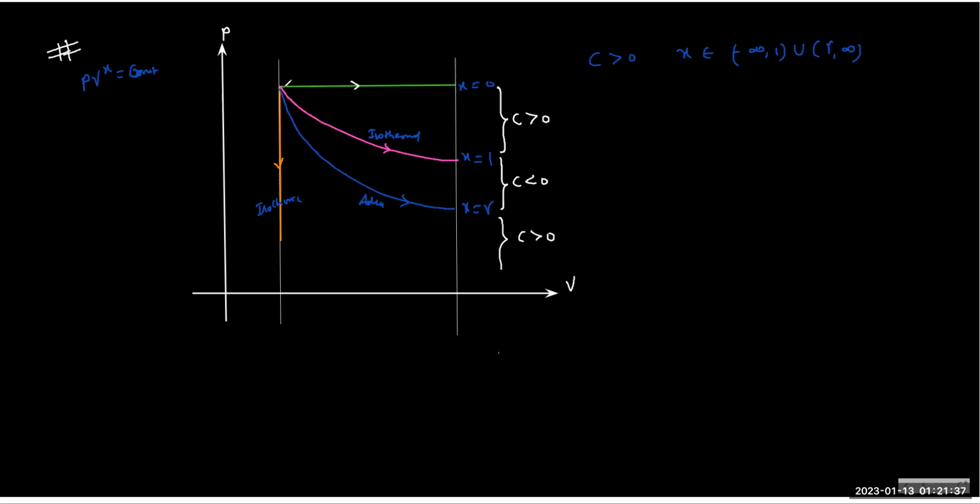If I plot a random graph, something like this, let's call this process the Mark Zuckerberg process, and this the Elon Musk process.